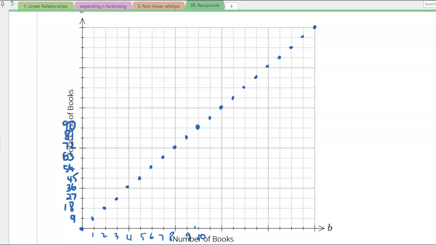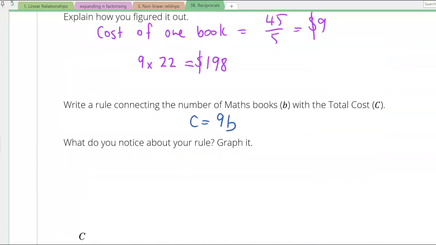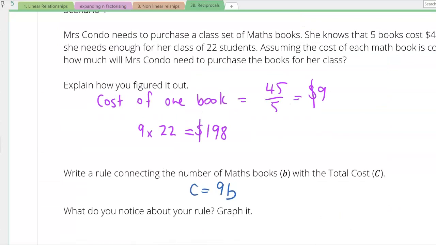But if you did, I wouldn't get too caught up over it. The point is, it is a straight line. And this is an example of something being in direct proportion. If you increase the number of books, you increase the cost proportionally. And that is by a factor of 9, because you have this scenario, C equals 9B.